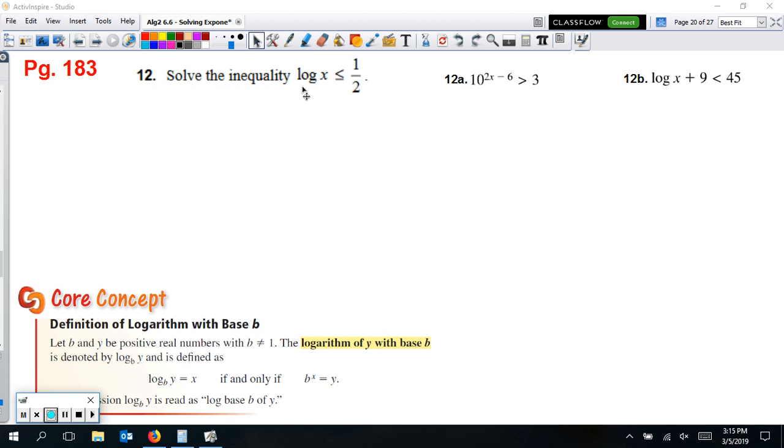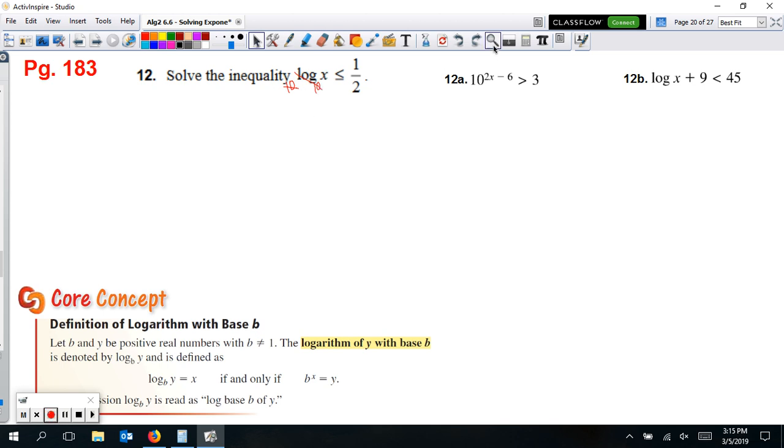So what we could do there is we could zap them, and I would always try to do the inverse property for definitely the inequalities with the logs. That's always going to be the best way to do it. So we're going to change this now to just 10. I'm going to put 10 here. That's going to cross out my log, and I'm going to put 10 over here for the 1/2. This is log base 10, so those cancel out.